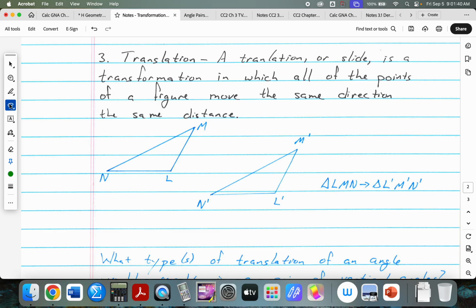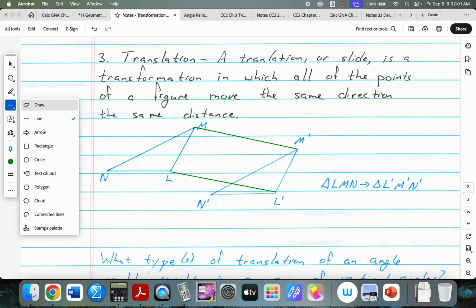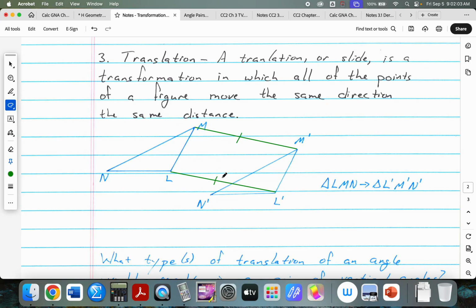Well, that means that the distance from M to M prime and from L to L prime are going to be congruent to one another, and here's a new symbol for you, they're going to be parallel to one another.